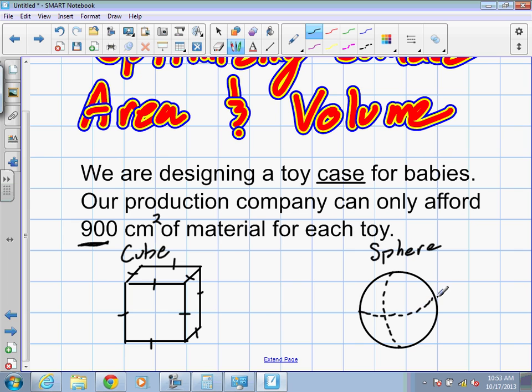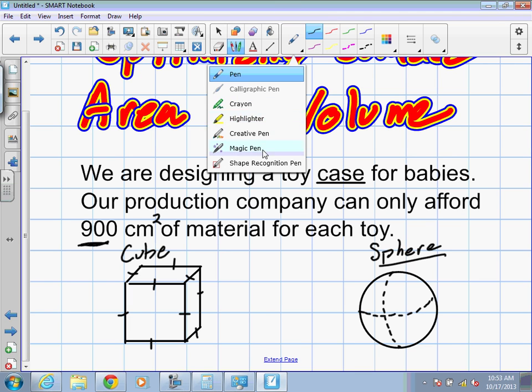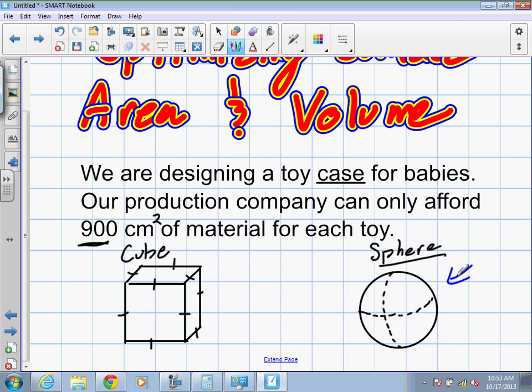Does that kind of look like a sphere? A little bit? Technically this is the best shape, and we'll get into seeing how much better this would be. But as a case for putting things in, in reality this might not be best because our case would probably roll all over the house. If we want it to stay in one spot, a cube is probably a better shape. So let's get into the math involved.